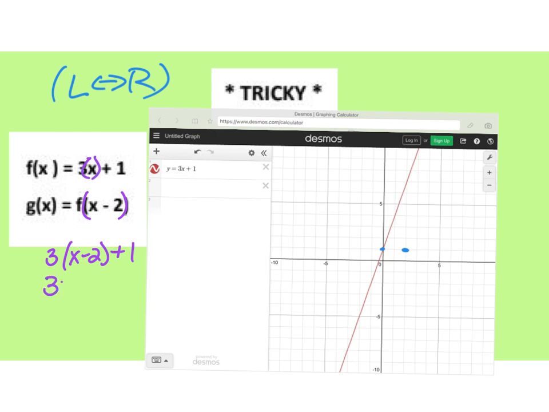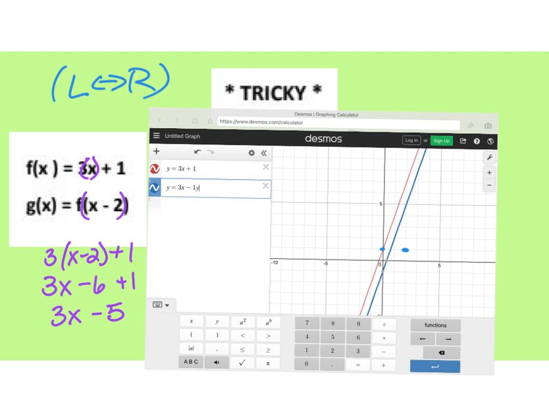So now we have 3x minus 6 plus 1. Then we're left with 3x minus 5. So let's graph this guy and see what happens here. Minus 5. There it is.